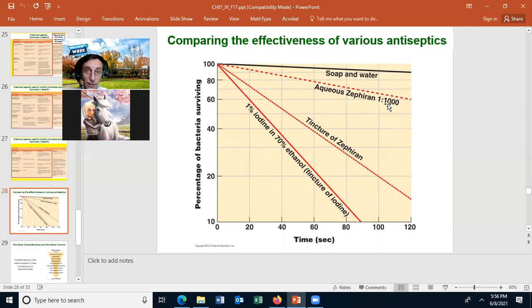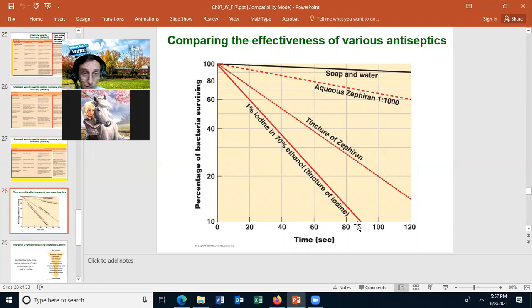And then there are different treatments like tincture of zephiran, and the one that I'm more familiar with is tincture of iodine. That's iodine treatment, like if you have iodine in your medicine cabinet, or when they're treating patients in the hospital, it's 1% iodine and 70% ethanol, and they'll treat the skin with this because it's very effective.